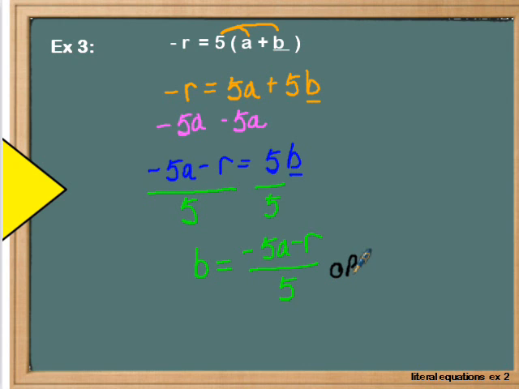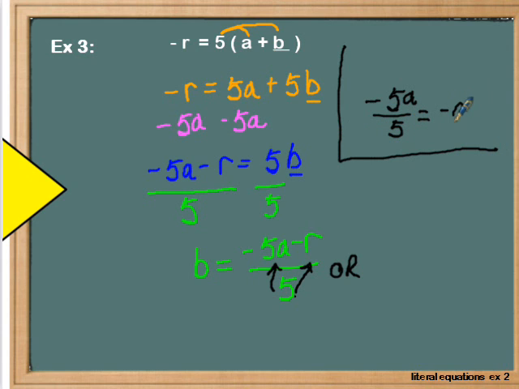So we could write it how? Remember that the 5 is going into the negative 5a, and it's also going into the r. So if you just look at those independently and say negative 5a, kind of do this up in the right hand corner, negative 5 over 5, you would get negative a.